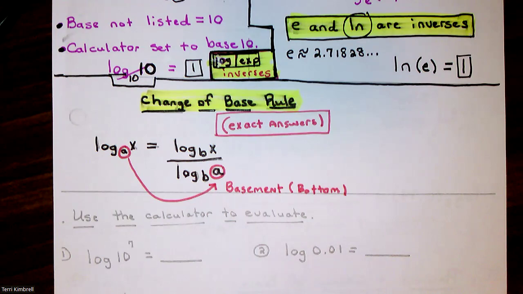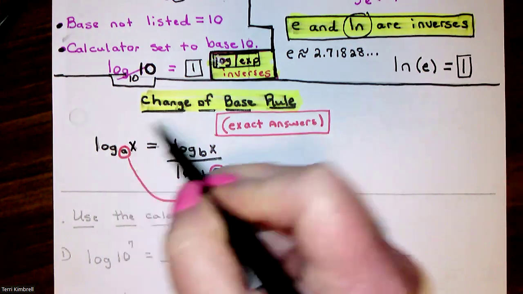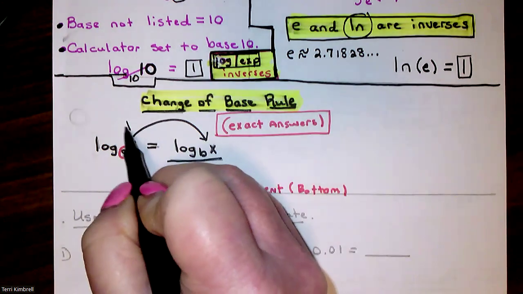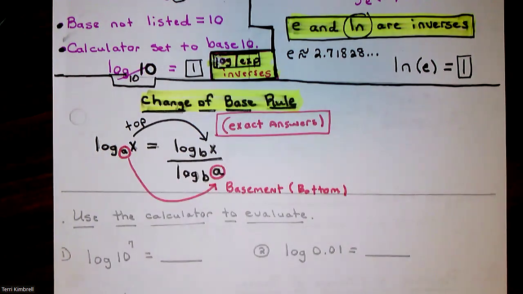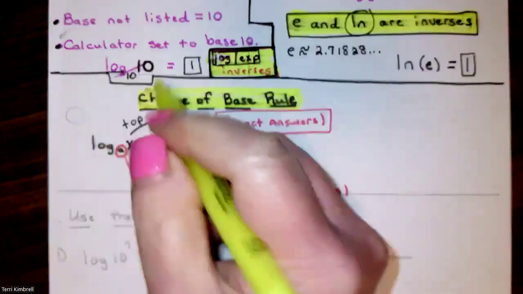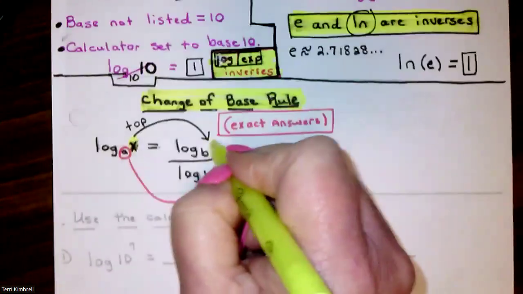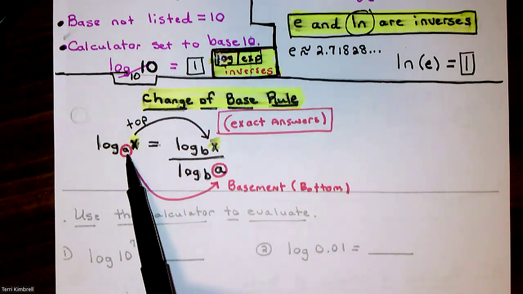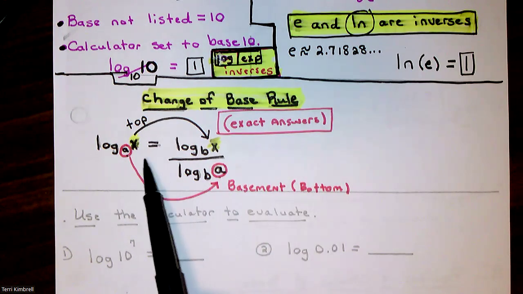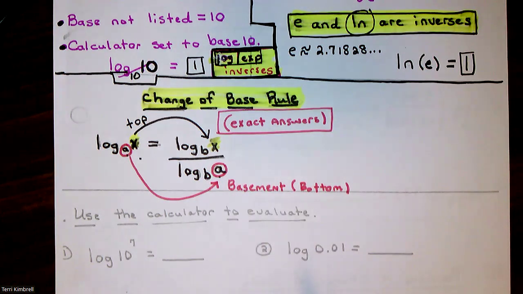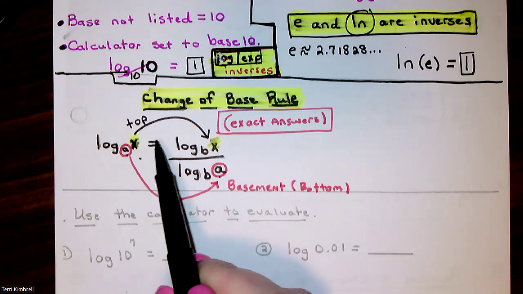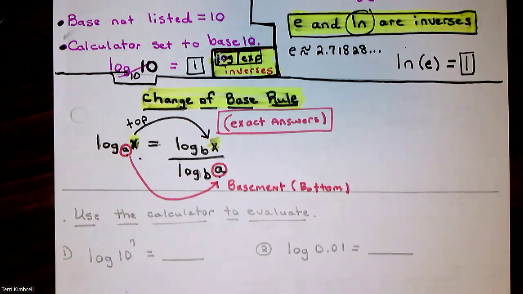When you look at the other part, the log of this one is going to go on top. So the X goes on the top, while the bottom goes on the bottom. You're going to use whatever the base is and put it on the bottom, and whatever the top is is going to go on the top.